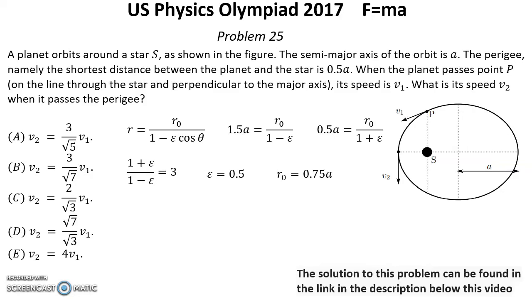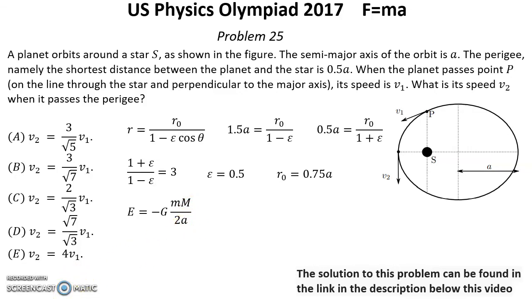Next step, we can use a formula for total energy, which is a well-known formula. Total energy for any elliptical orbit equal negative G multiplied by mass of planet, mass of star, and divided by major axis 2a.